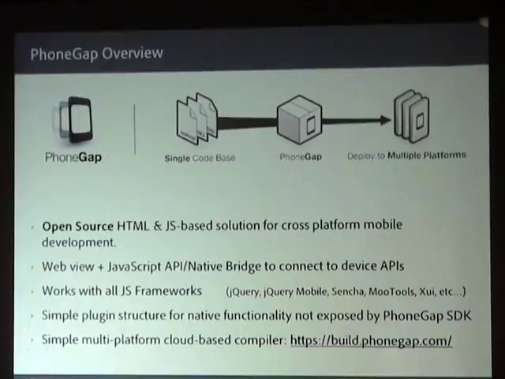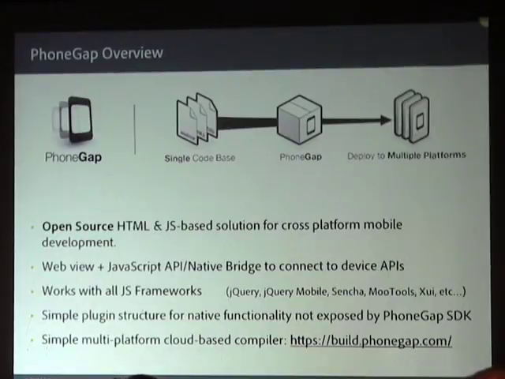So PhoneGap, this was through the acquisition of Nitobi, is an open source HTML and JavaScript-based framework for developing cross-platform mobile applications. Essentially, PhoneGap applications are a 100% width and 100% height web view that allow you to create your interfaces in both HTML and JavaScript. And then there's a JavaScript API for native to JavaScript communication so that you can interact with whatever functionality that's supported by the framework through JavaScript.